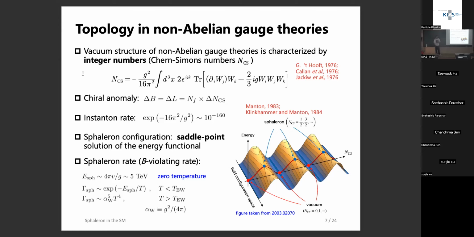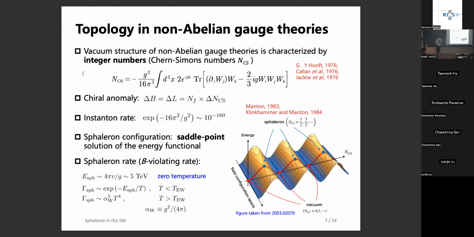However, at zero temperature, the instanton rate between different vacua is highly suppressed, about 10 to the minus 160. So it is totally negligible at zero temperature.